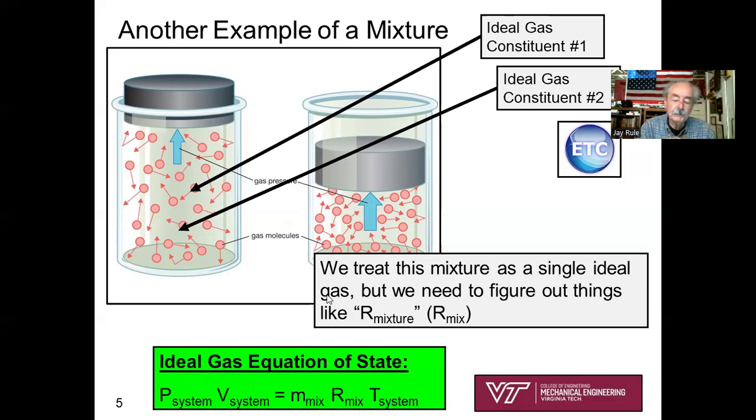But what we're going to do is we're going to need to figure out what is R of the mixture. And why would we want to do that? If we can figure out what the gas constant R of the mixture is, then we can go right back to what we're already familiar with, the fundamentals we're already familiar with, the ideal gas equation of state, PV equals mRT.